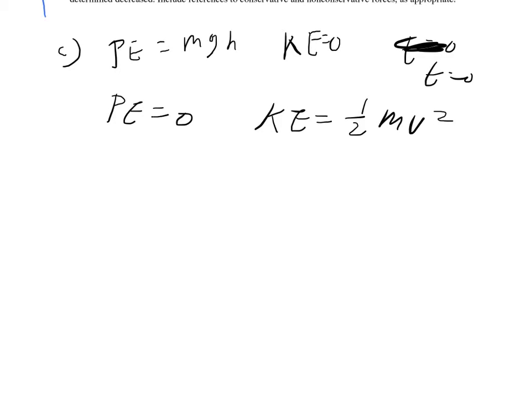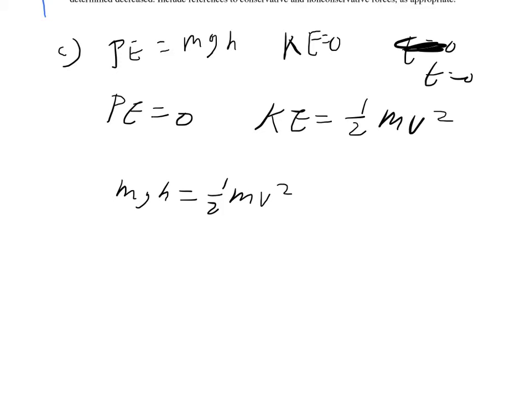Now, g is a fundamental constant, and h is expressed in the diagram mentioned in part B. To prove that the potential energy turns into kinetic energy, we have to set up an equation: mgh equals half mv squared.